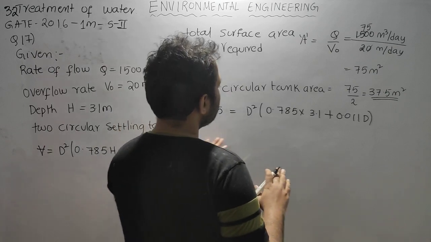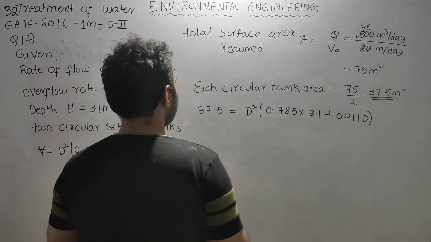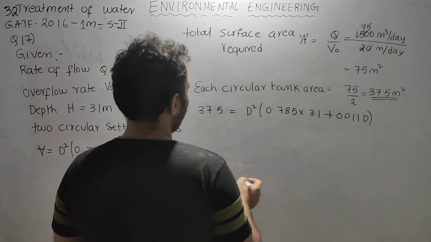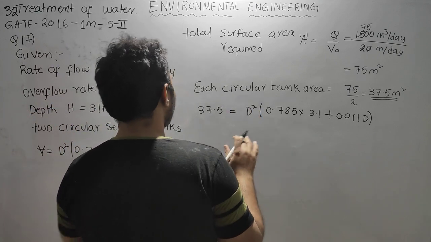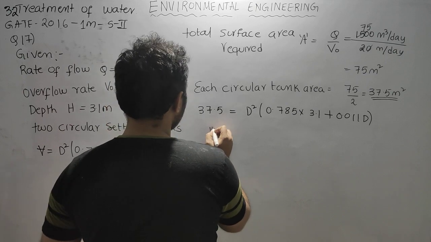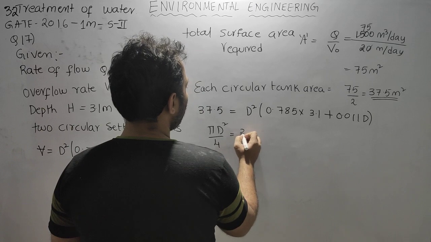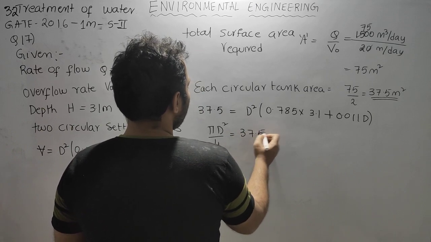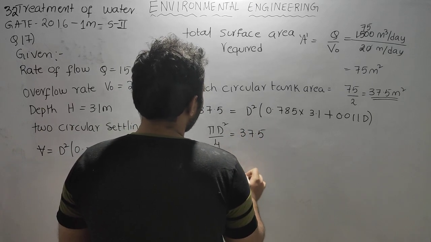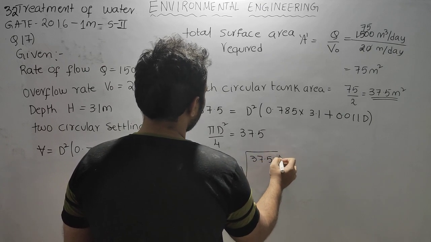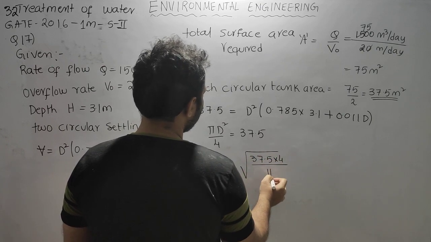So generally we can also approximate it by simply taking it as circular area, pi D square by 4. So pi D square by 4 is equal to 37.5. So D is equal to square root of 37.5 into 4 by pi.